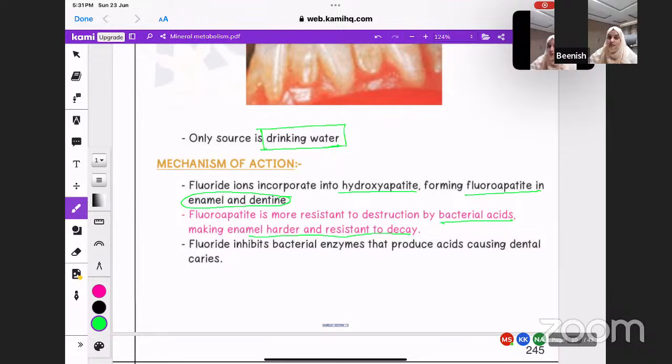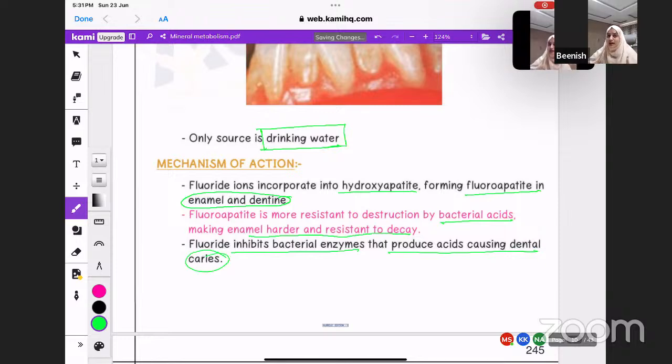This fluoroapatite is resistant to the bacterial acids that are produced. The bacteria in the mouth produce bacterial acids via certain enzymes. So your fluoride is going to inhibit those enzymes, and as a result it is providing resistance to those bacterial acids and thus giving you a strong enamel. So fluoride inhibits bacterial enzymes that produce acids causing dental caries.